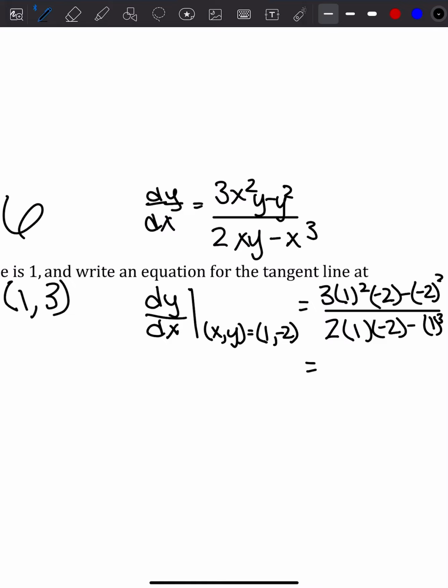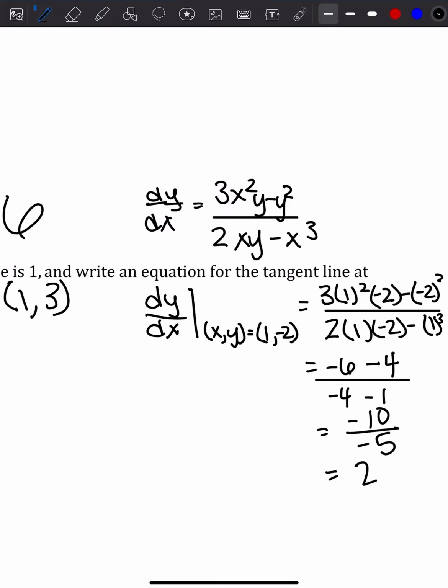So we're now just simplifying. We have 1 squared, which is 1. We have 3 times negative 2, which is negative 6. We have negative 2 squared, which is 4, so negative 6 minus 4. We have 2 times 1 times negative 2, which is negative 4, and 1 cubed is 1. So we have negative 10 divided by negative 5. Thankfully, this is a really easy number, so this gives us 2.